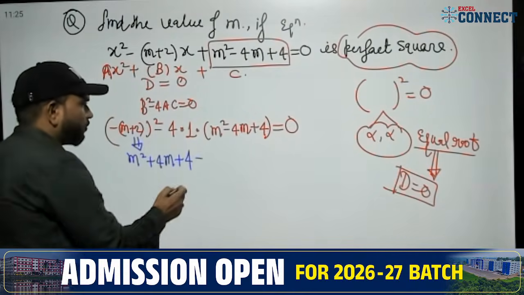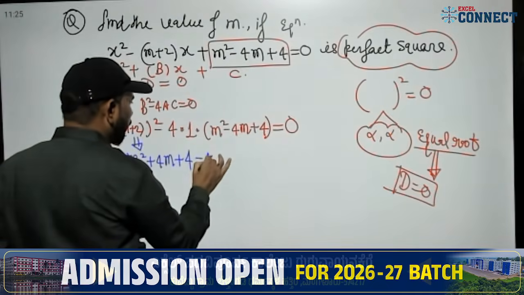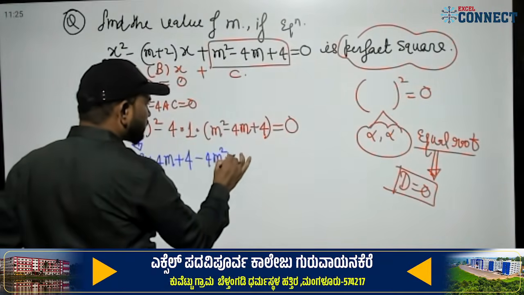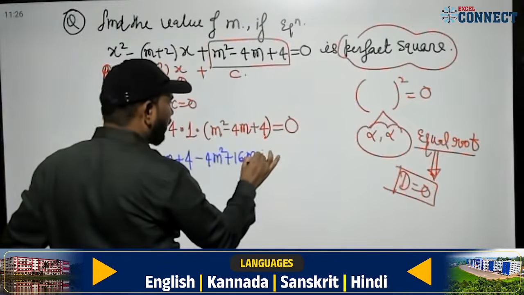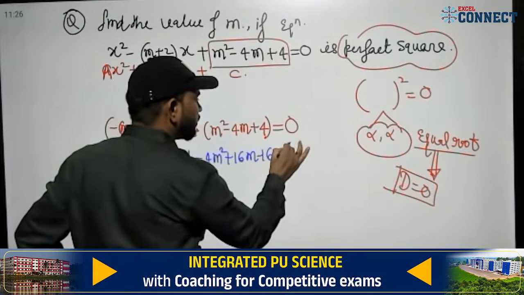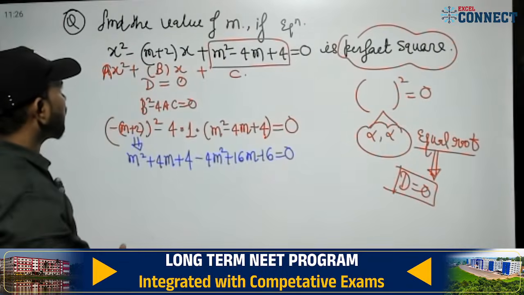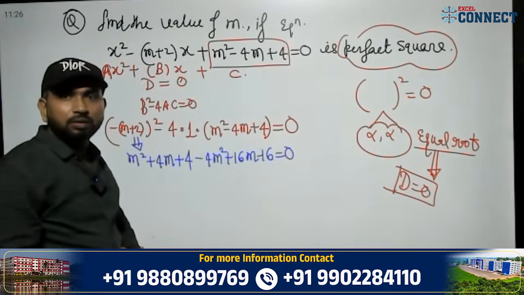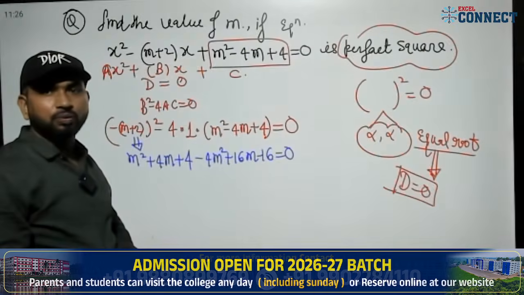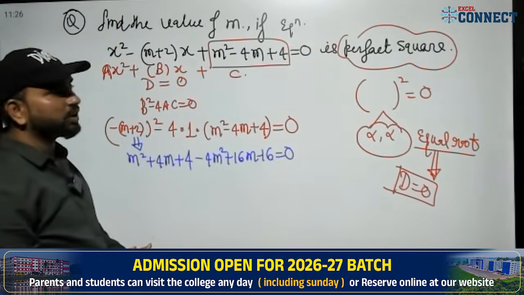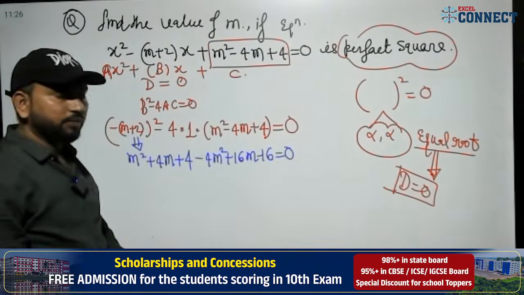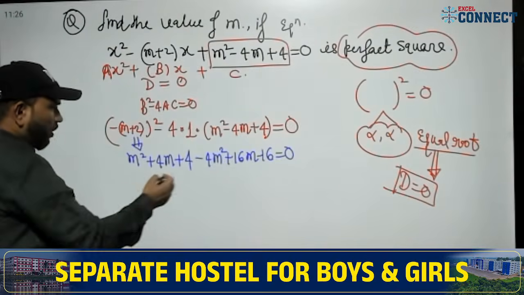We can multiply, no issue. Now 4 multiply, so 4m square plus 16m minus 16 is equal to 0. Factorize, m square minus 4m plus 4, m square minus 4m plus 4.